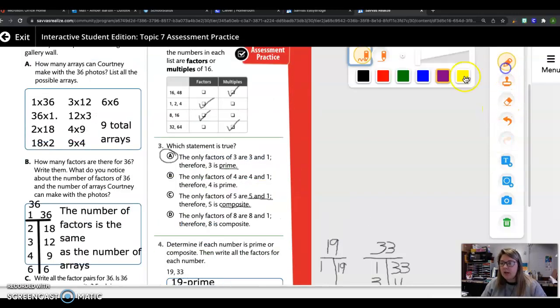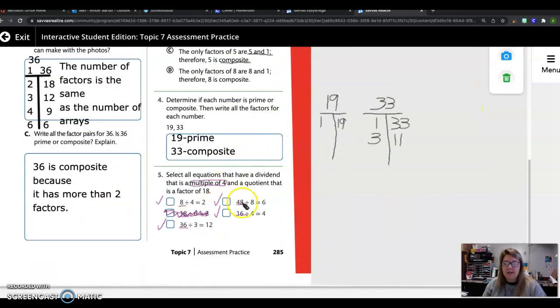So let me change the color of my pen. Now, the quotient has to be a factor of 18, okay? So this is the quotient, right? The quotient is our answer in a division equation. So we need to decide, is the quotient a factor of 18?